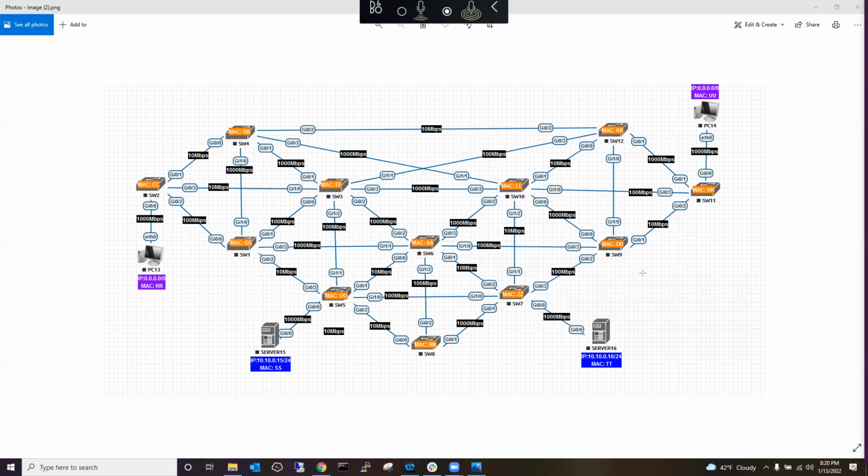Excellent. So, with that being said, why did you select switch 6? I selected switch 6 because it had the lowest bridge ID number, which consists of the switch priority number and the MAC address.